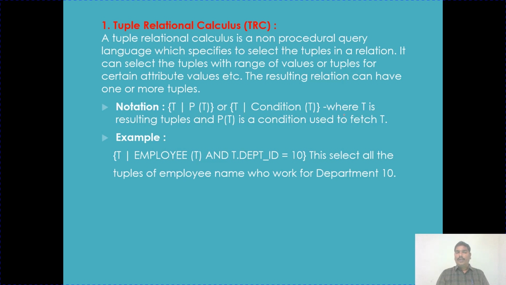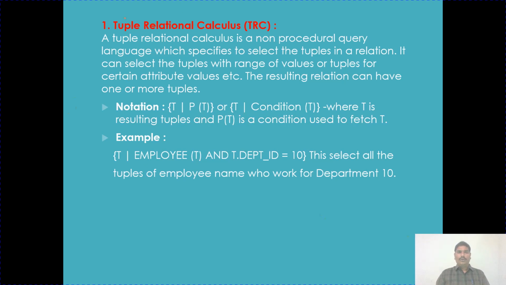So the main thing is selecting the rows from a table, that is called tuple relational calculus. It can select the tuples with a range of values or tuples for certain attribute values. So the resulting table can have one or more tuples.